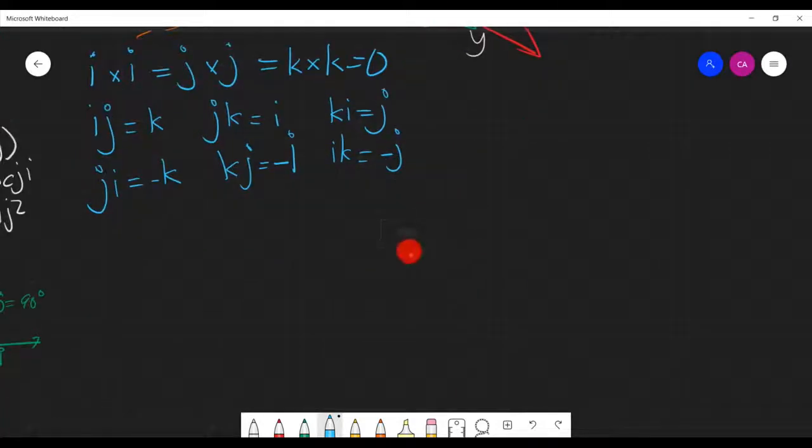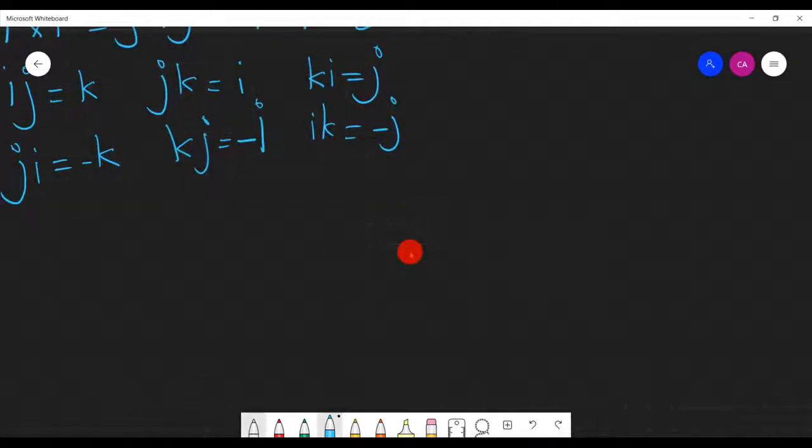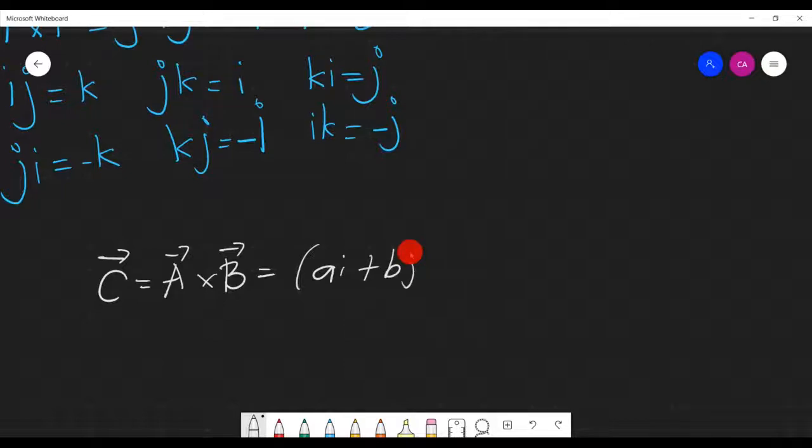So, pag nag-multiply tayo, the vector C equals A vector times B vector. Halimbawa meron tayong Ai plus Bj. So, we have a vector of A towards i and B towards j, cross multiply with Ci plus Dj.